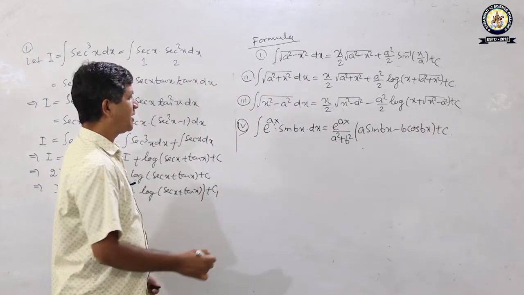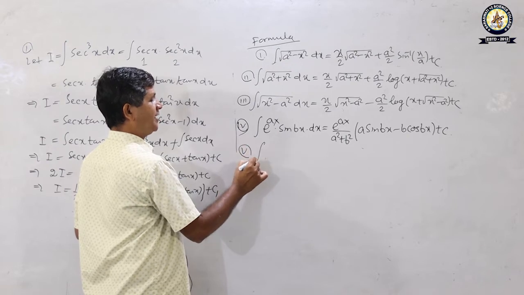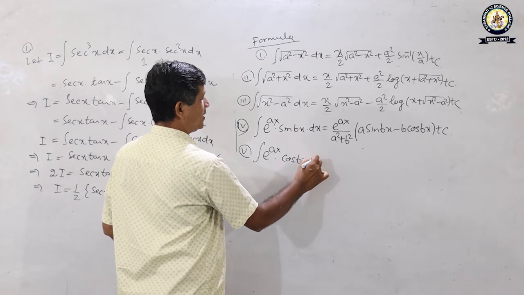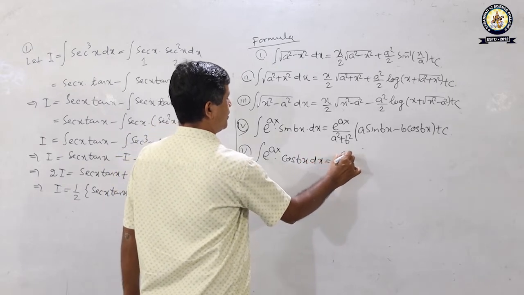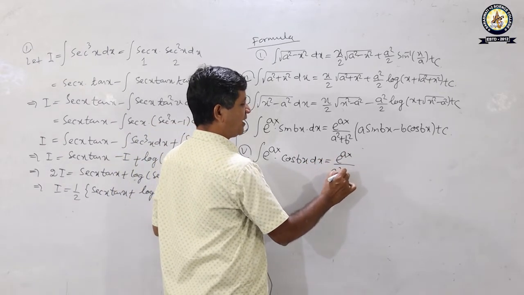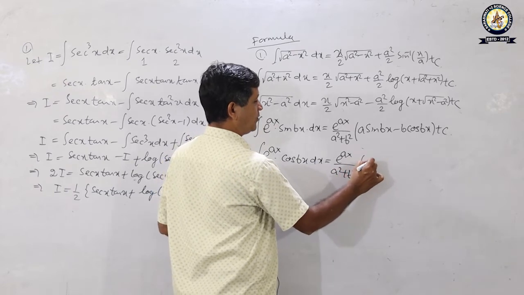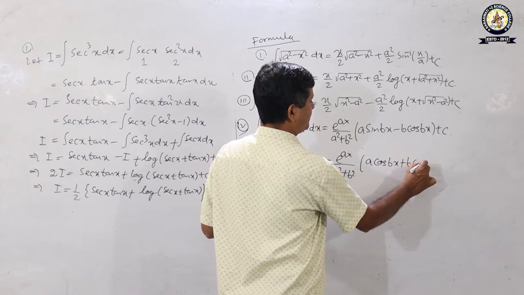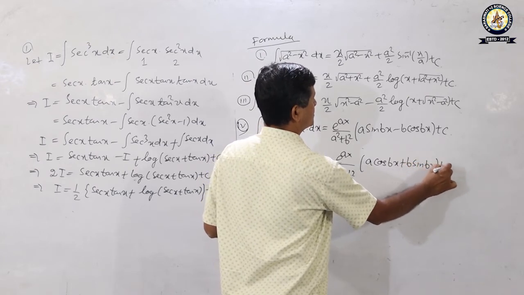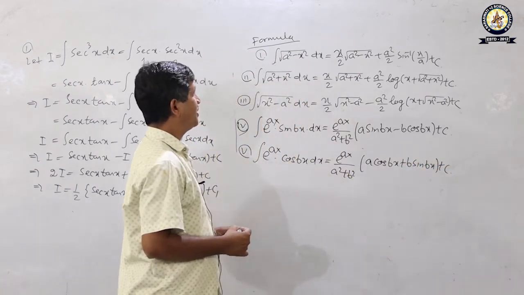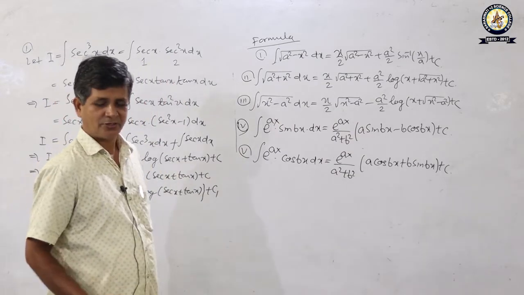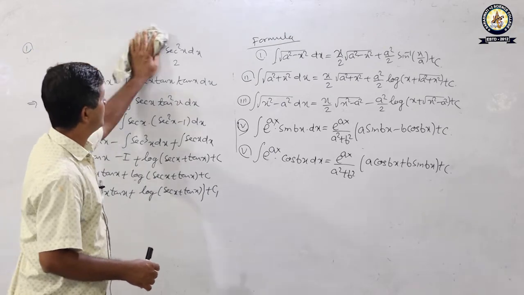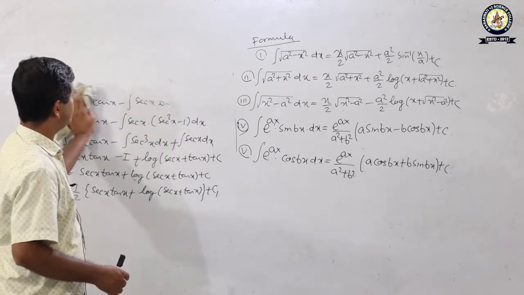And the last formula for this section: integration of e to the power x cos bx dx is equal to e to the power x by a square plus b square into (a cos bx plus b sin bx), plus c. Out of these 5 formulas, we will discuss the proofs of some of them here.